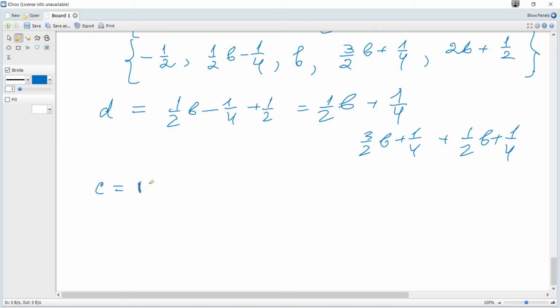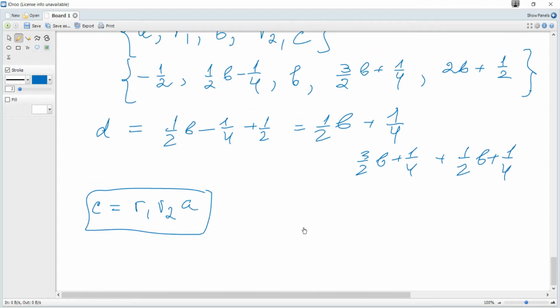So C is equal to R1, R2, A. It's just from the sum and product rule.